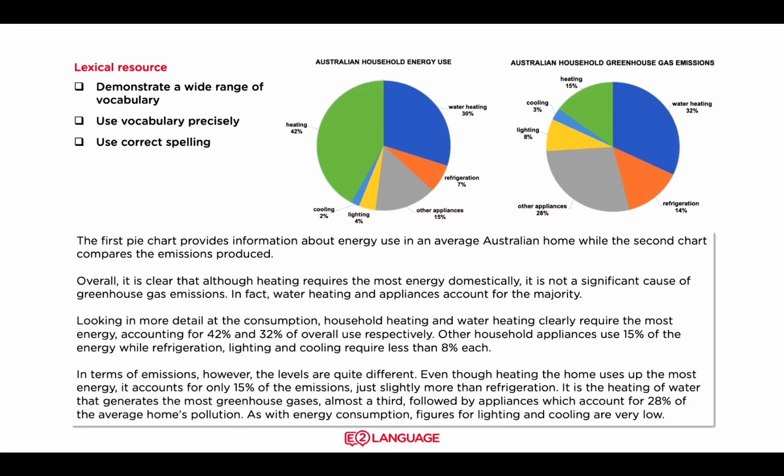Lexical resource, vocabulary. Notice the range of vocab used. We've got domestically, not a significant cause of, account for, majority, consumption, respectively, appliances, household appliances, uses up just slightly more than, generates, followed by, the average home's pollution, figures.